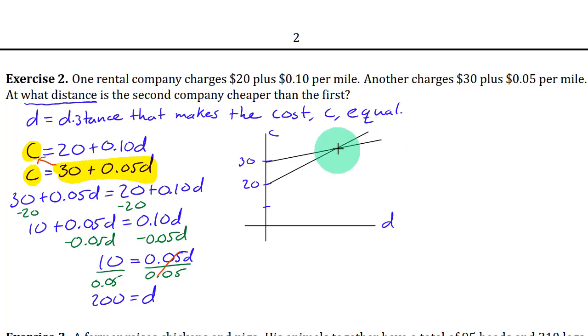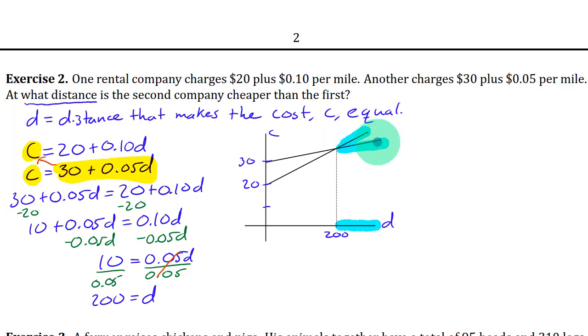So at this point, we just found out the value of d that makes these two costs equal is 200. The question is, when is the second one going to be cheaper? Well, it's after this point. Over here, these values of d are what make the second one cheaper, because the costs are lower.